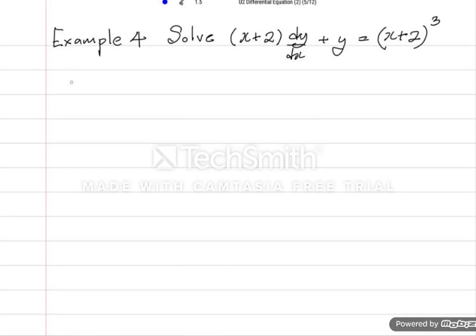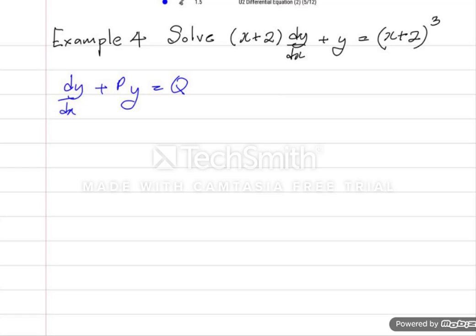The general format for first order linear is dy/dx plus py is equal to q. In order for me to solve the first order linear, I've got to get it in this format. So to get it in this format, I'm going to divide the entire equation by x plus 2.